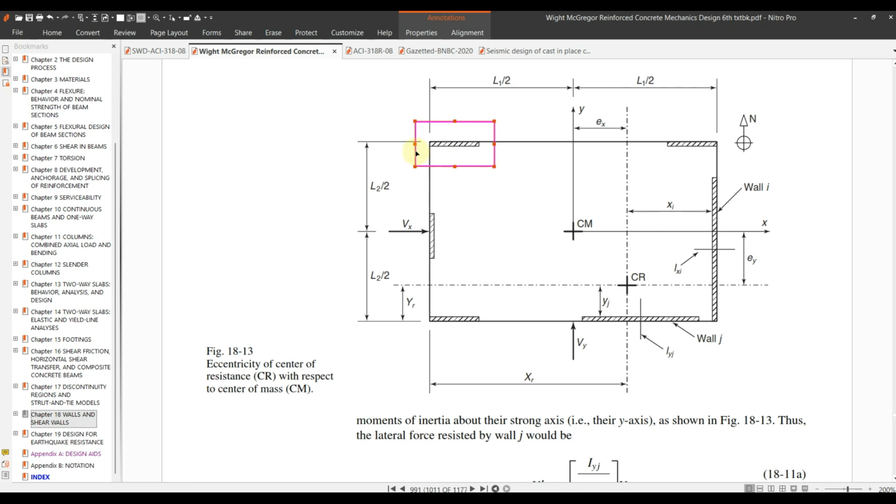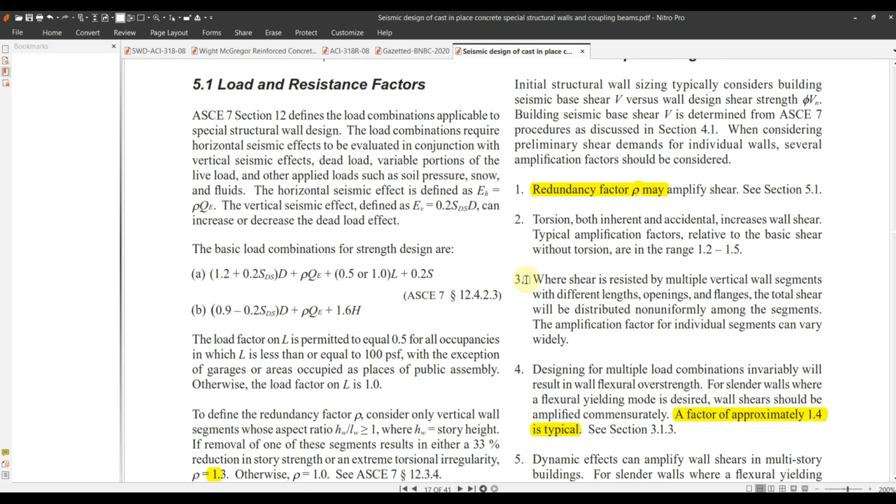If you end up getting extreme torsional irregularity after removing a structural wall, then your structure is not redundant enough. So since it is not redundant enough, you need to use a redundancy factor of 1.3.